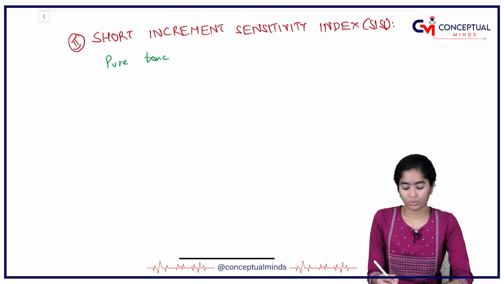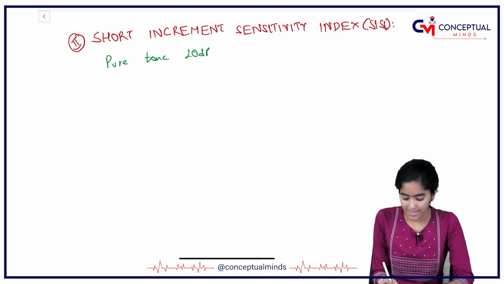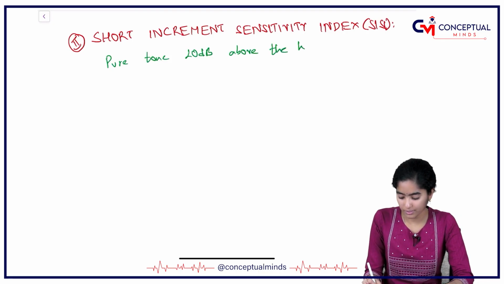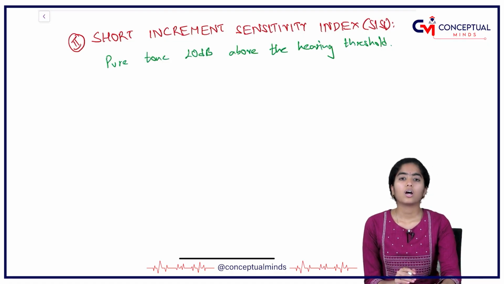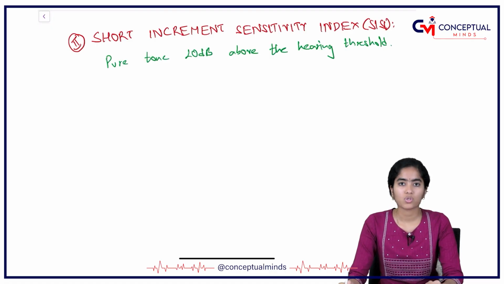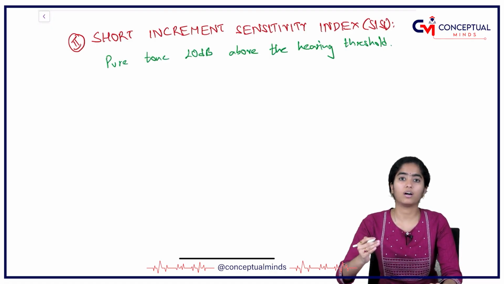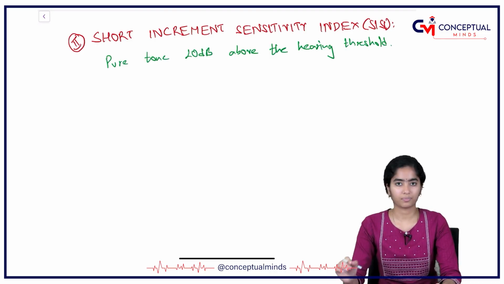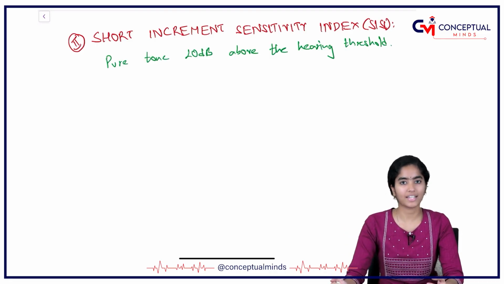We take a pure tone, 20 decibels above the hearing threshold of the patient, and ask the patient to make a mark whenever the sound intensity increases. So we tell him, every time you hear a louder sound, mark it on a paper or give some signal.